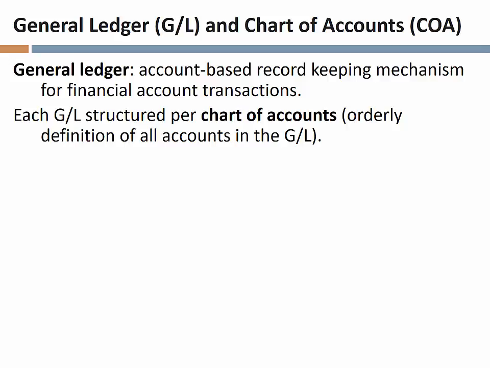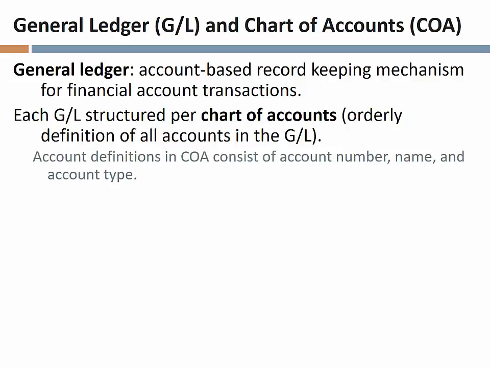Just like in a table of contents, if you wanted to know about a particular topic, you could look in the table of contents and it would say, oh, that's covered in chapter 5. Well, you go to a chart of accounts and say, I would like to know about long-term assets, and it might say, oh, that's contained in this particular account.